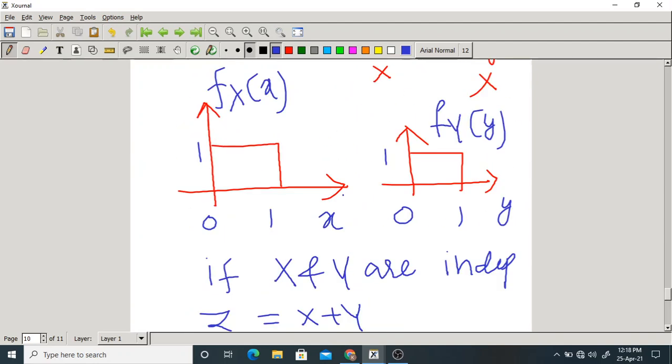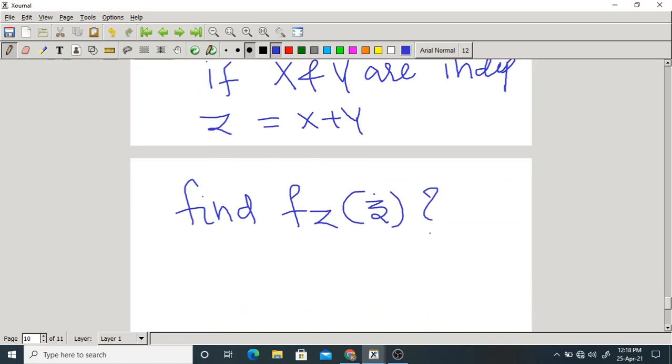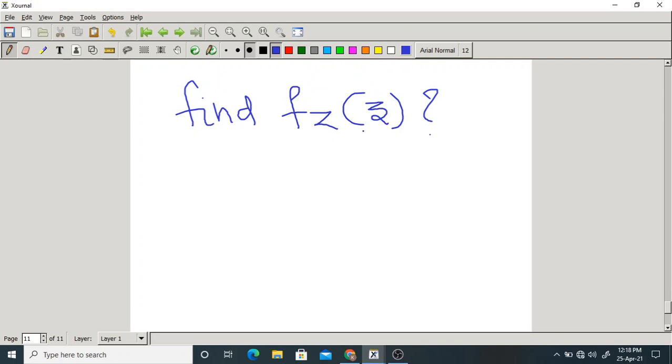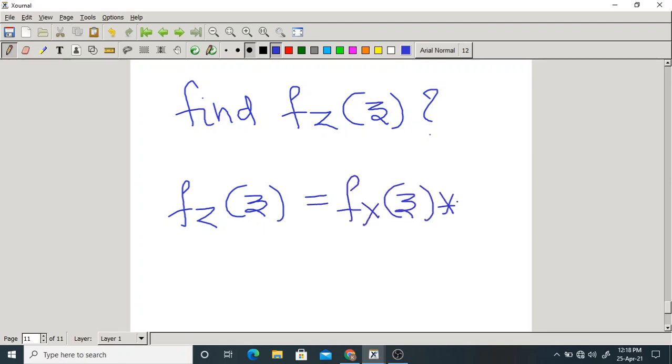Here they gave us the two PDFs directly. They also told us that they are independent. That's why, since they are independent, fz of z equals fx of z convolution fy of z.